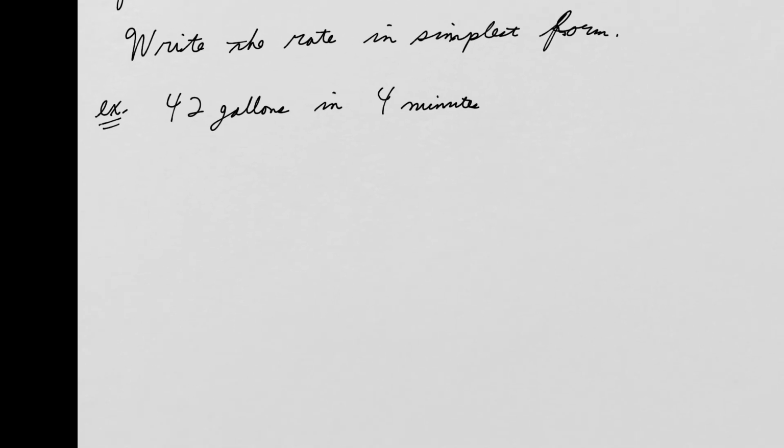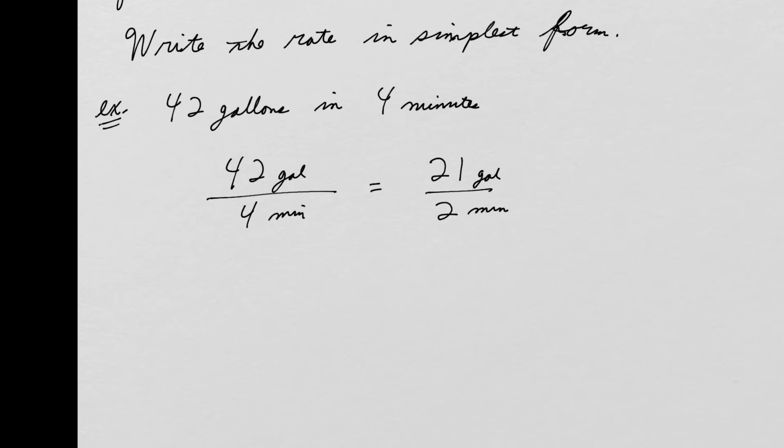So that's my ratio, which is really a rate, because it involves different units. So I formed a fraction, 42 gallons, I'll abbreviate that as GAL, over 4 minutes, MIN. And now I can simplify 42 over 4. It looks like 4 doesn't go into both, but 2 goes into both. So I could write this as 21 gallons over 2 minutes.